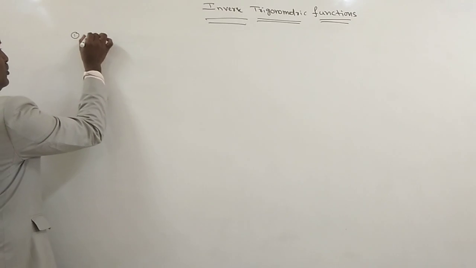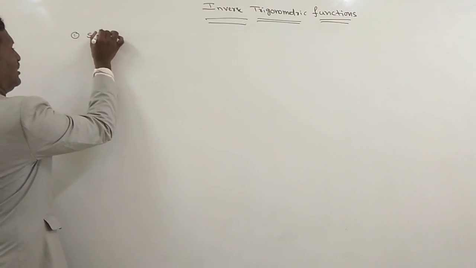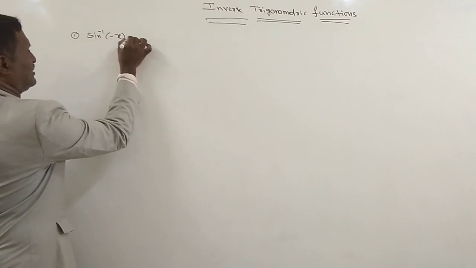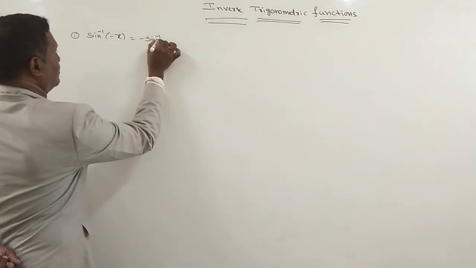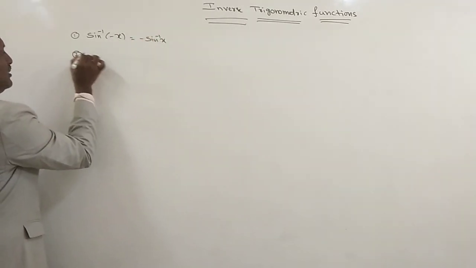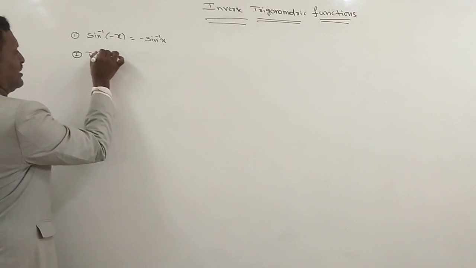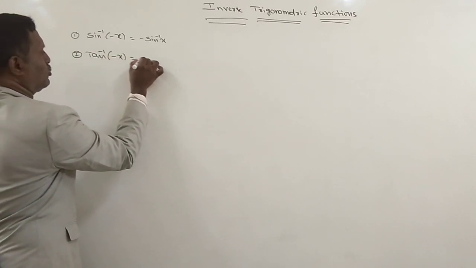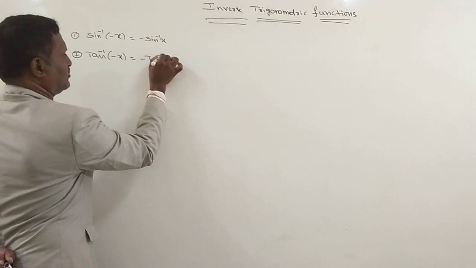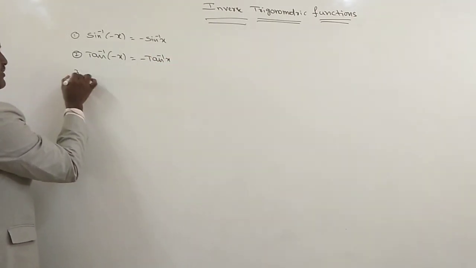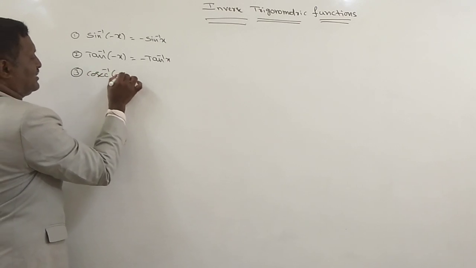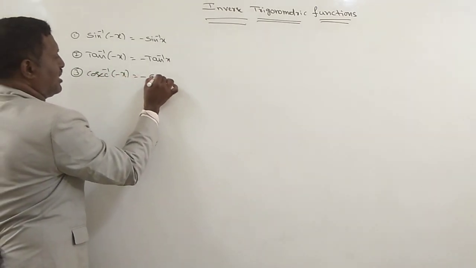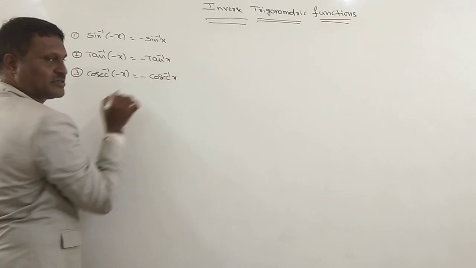Formula number 1: we have to prove that sine inverse of minus x is equal to minus sine inverse x. Second, tan inverse of minus x is equal to minus tan inverse x. Third, cosecant inverse of minus x is equal to minus cosecant inverse x.